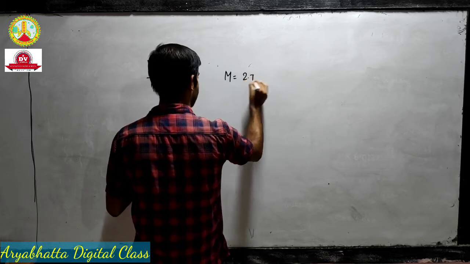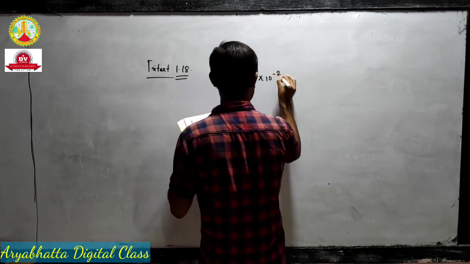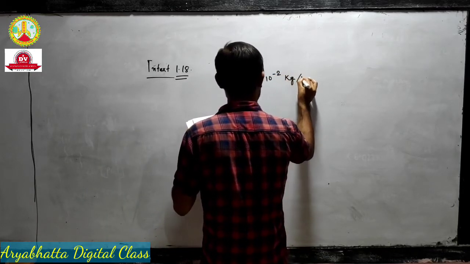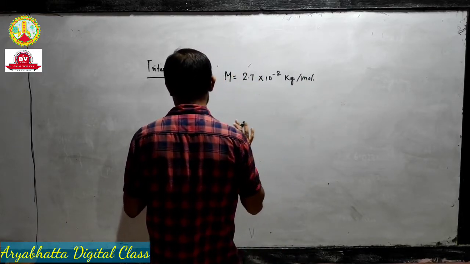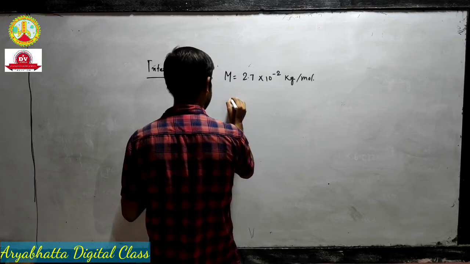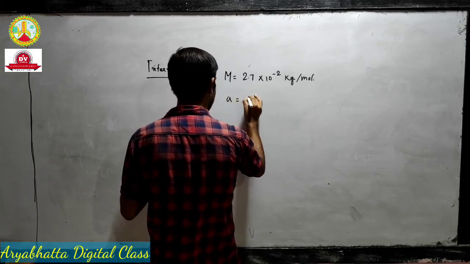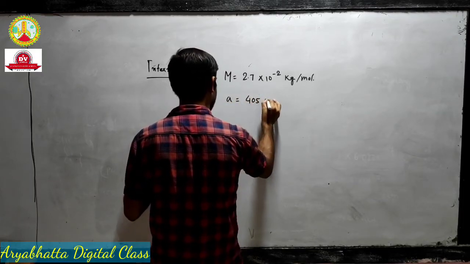Text 1.18 says that an element has a molar mass of 2.7 into 10 to the power minus 2 kilogram per mole, and forms a cubic unit cell with edge length 405 picometer.